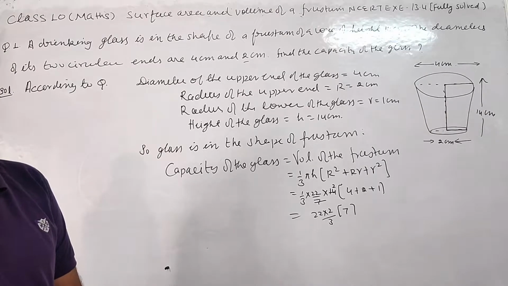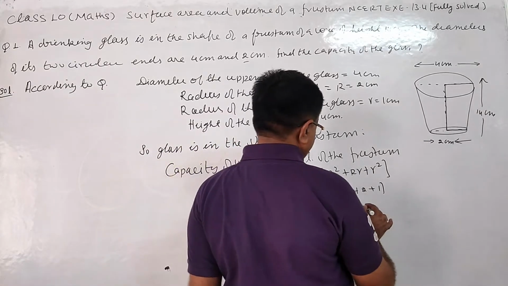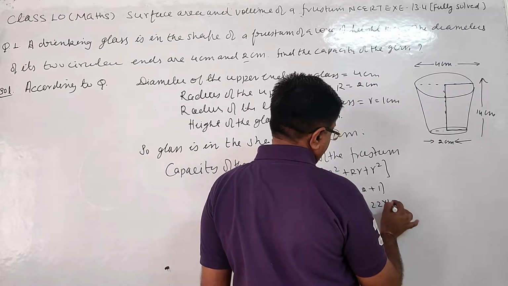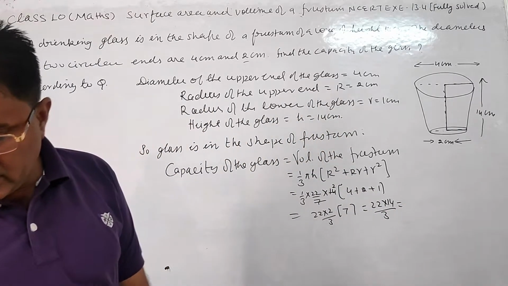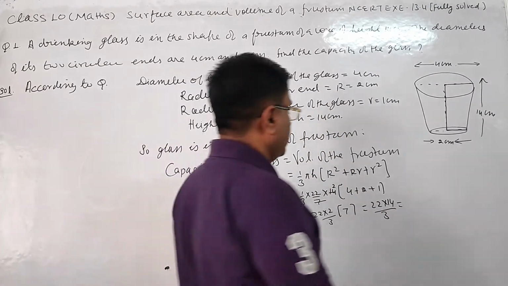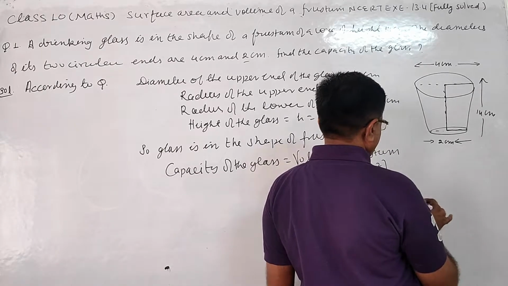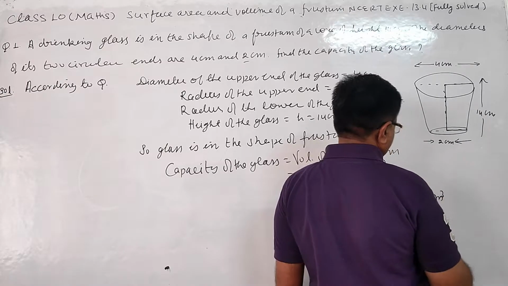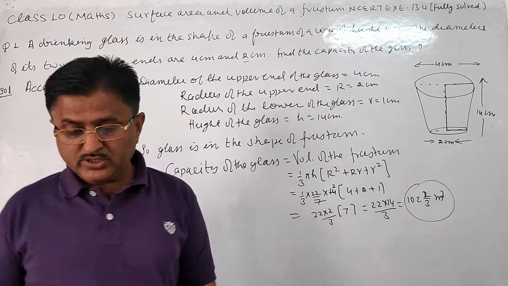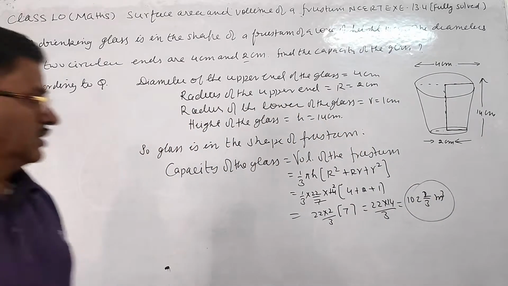So you can divide and write in fraction form, that is 102 and 2 by 3 cubic centimeter. So this is the capacity of the glass.